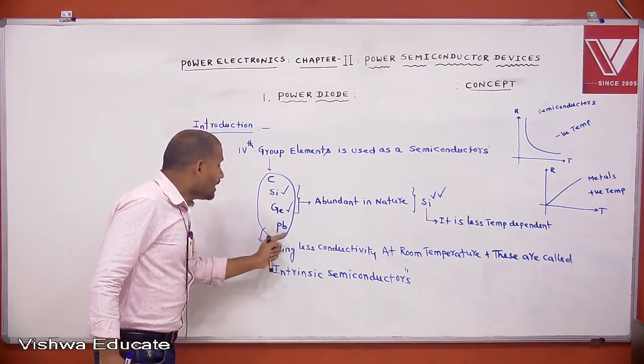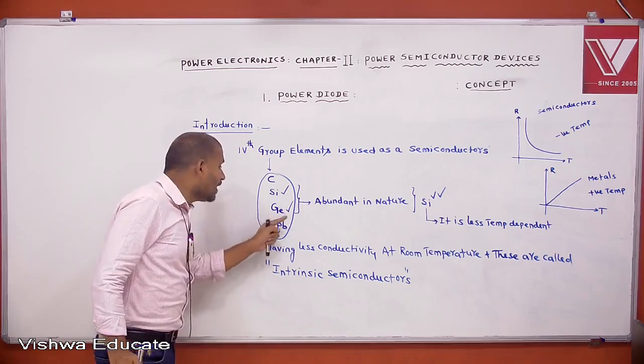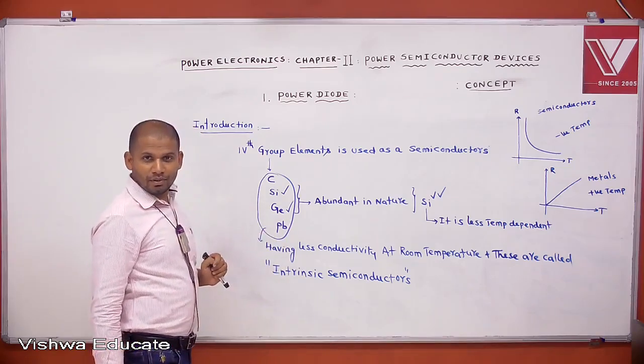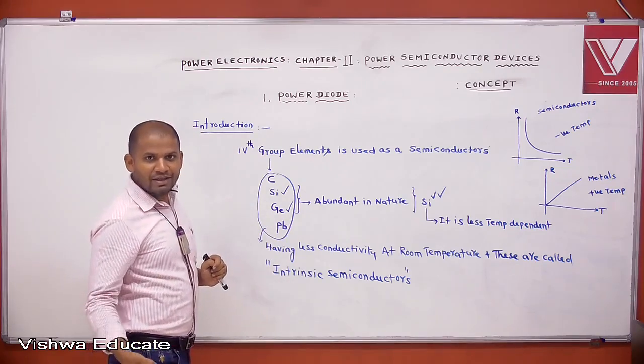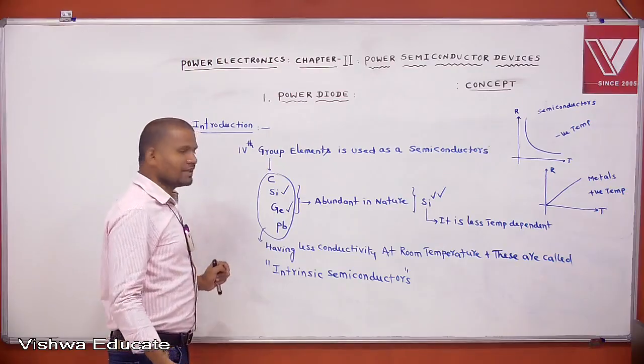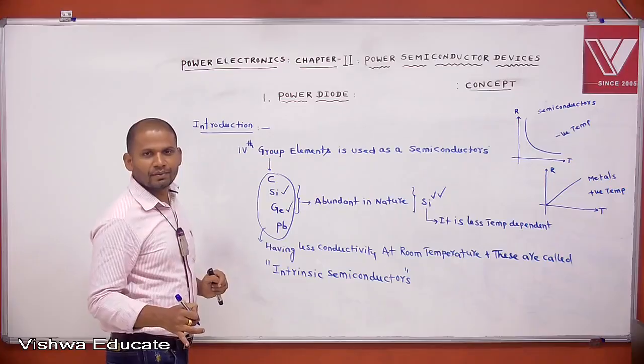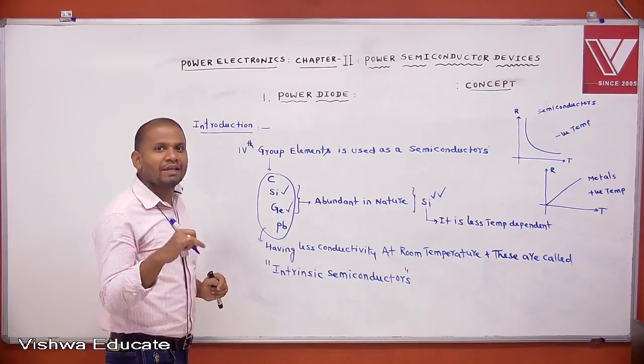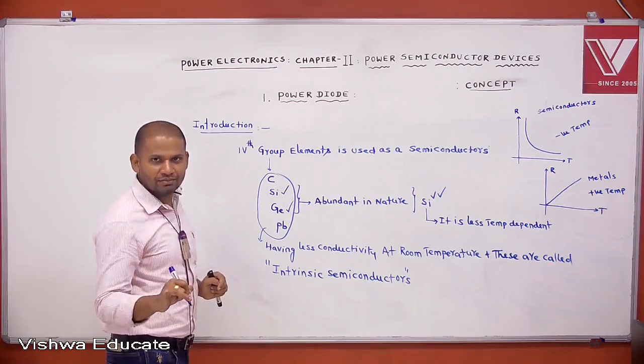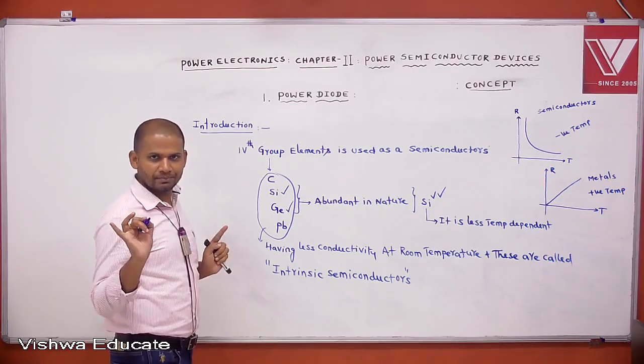Now, in order to improve the conductivity of these semiconductor elements, external impurities are added. The process of adding impurities is called doping. Understood?